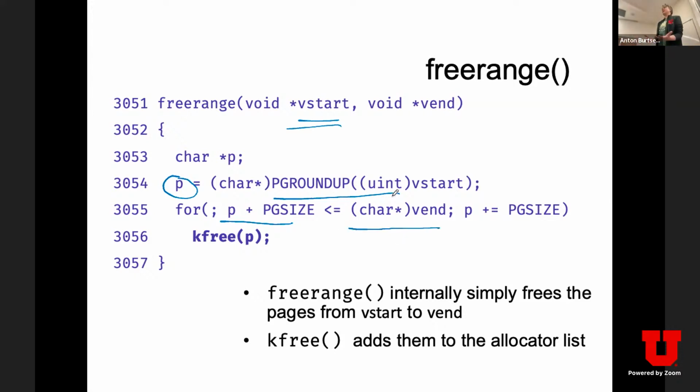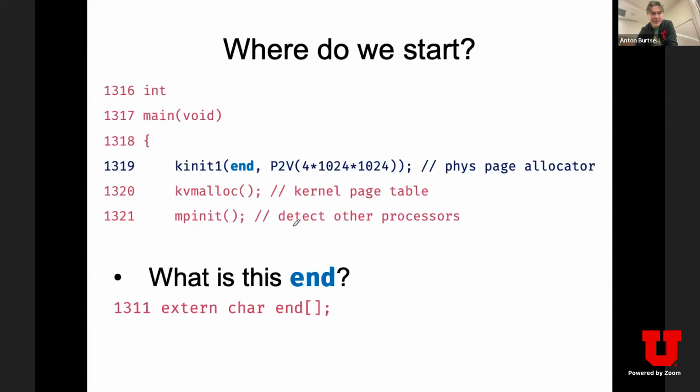And they free every page, and essentially each of those pages will get on the list of free pages, right? And again, remember kernel init1 is called with this end symbol. In C, you say extern char end, saying that this symbol is defined somewhere else, but really this symbol is provided by the linker.